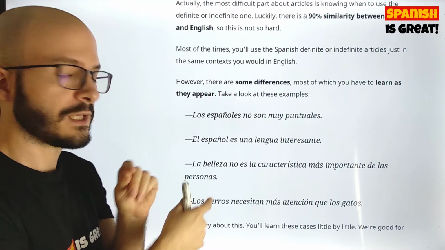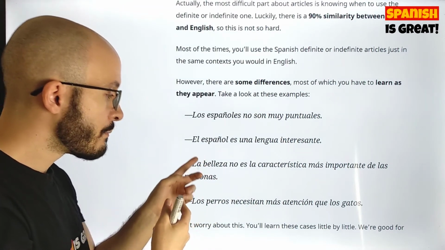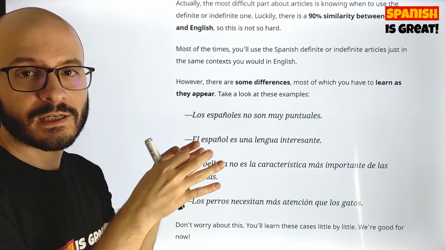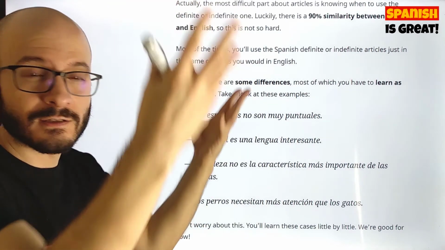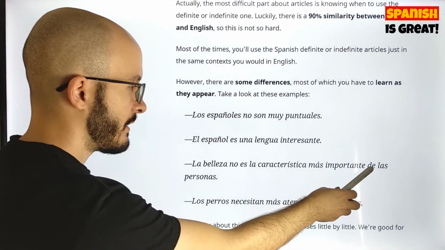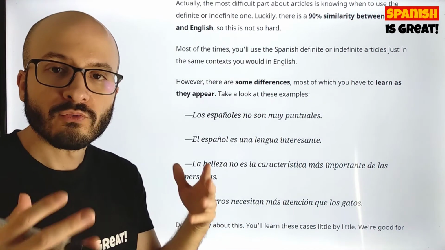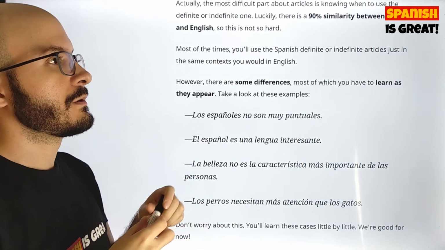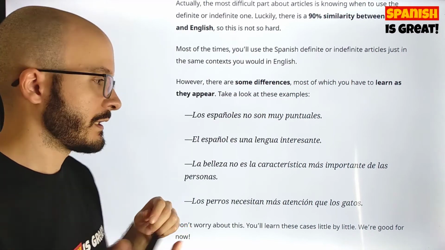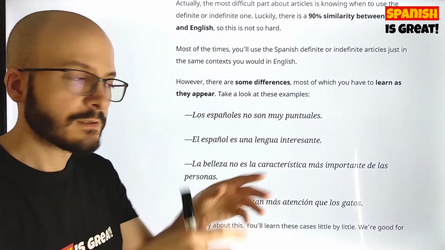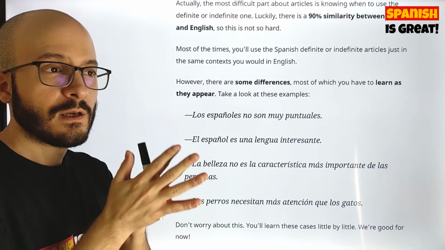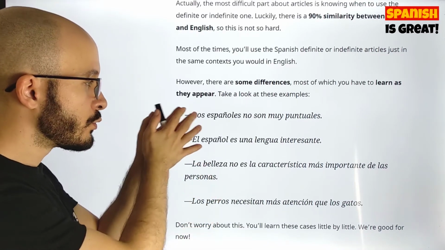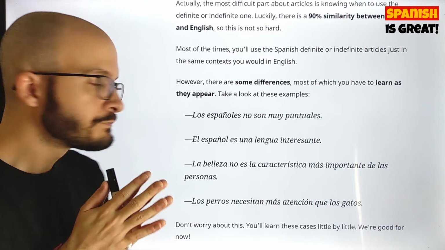So in Spanish, we put the definite article. In English, we don't have a definite article for that, no? Beauty, because it's abstract, no? And then de las personas, of people, no? So again, no article in English because it's generalizing. So you see that when we generalize in English, we don't use any article. In Spanish, we use the definite article.